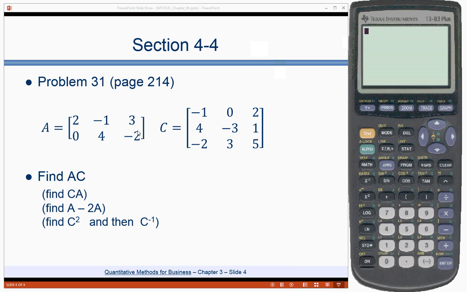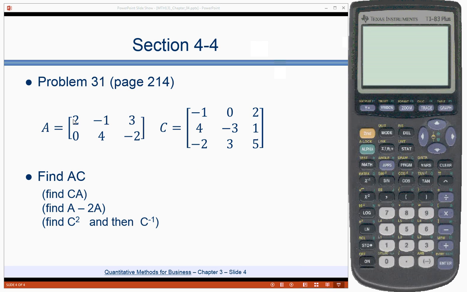is going to be a 2 by 3, a 2-row by 3-column matrix, because each element in the product is going to be a row times a column. Row 1, column 1 of the result is going to be this row times that column.